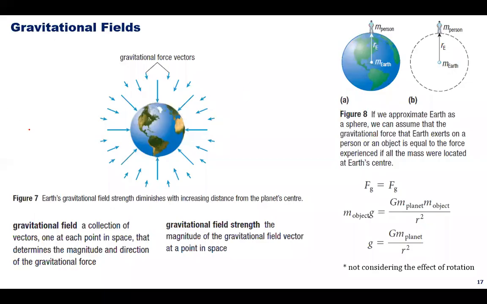Okay, if you don't have any questions, let's have a look at another concept, which is called gravitational fields. The universal law of gravitation tells us that at any point in space surrounding a massive object such as Earth, we can calculate the gravitational force on a second object sitting at that point in space. Earth has a mean radius of approximately 6380 kilometers.